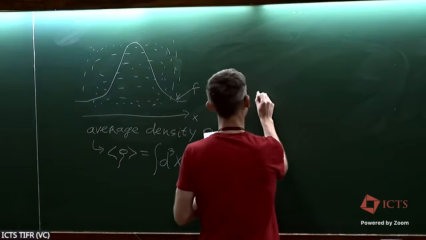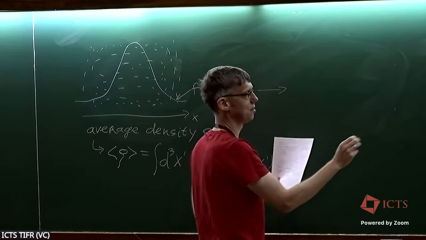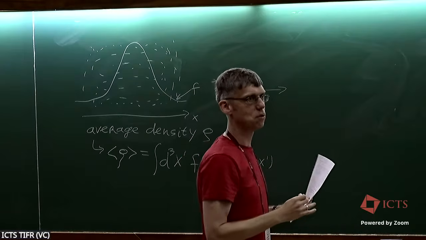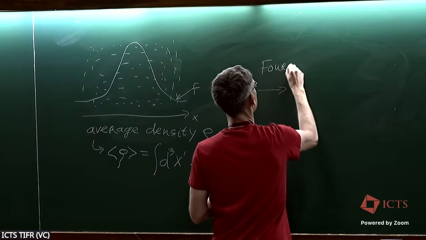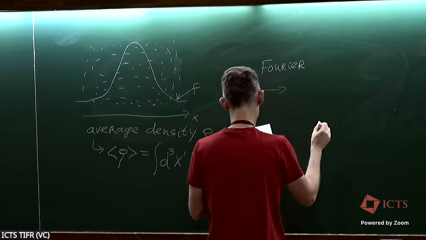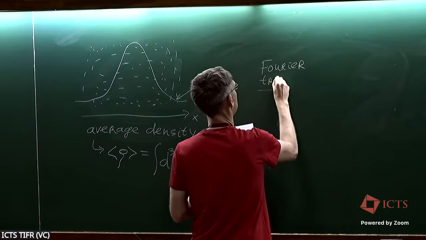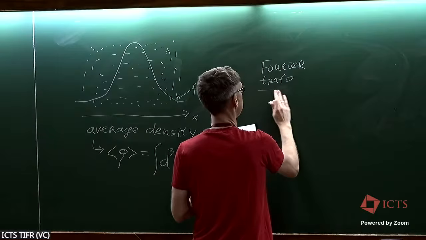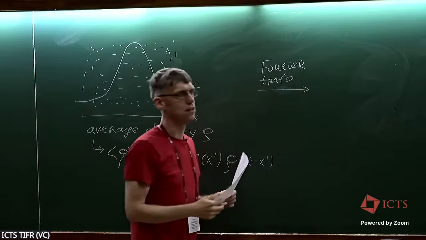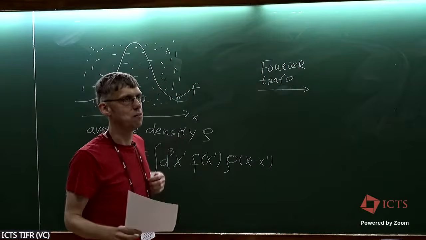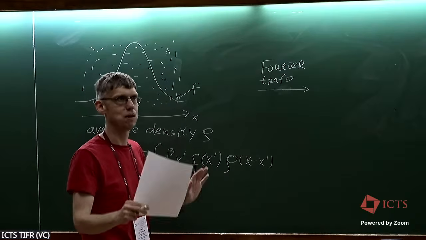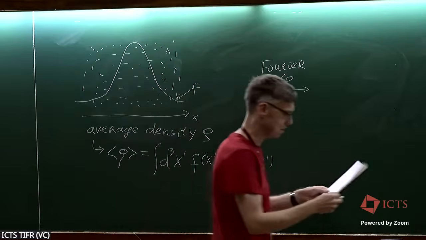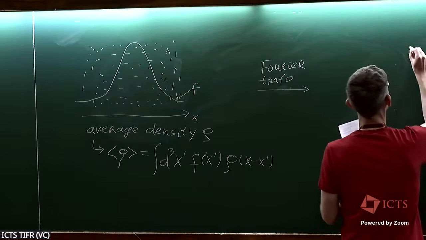Right, and now since this picture over there is more in the Fourier domain, let me also explain how this works in the Fourier domain. So in the effective field theory framework, one usually thinks more of the Fourier domain and of wavelengths, etc. So that's why it's maybe useful to do that.